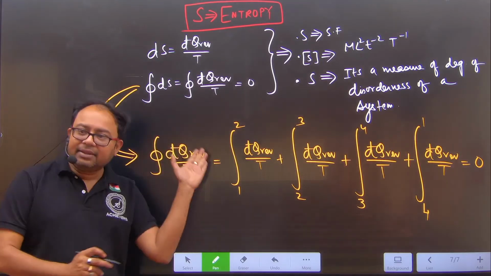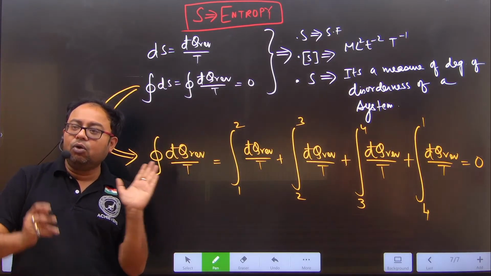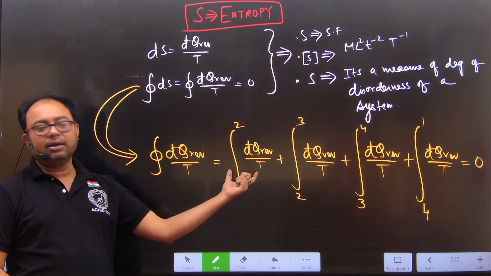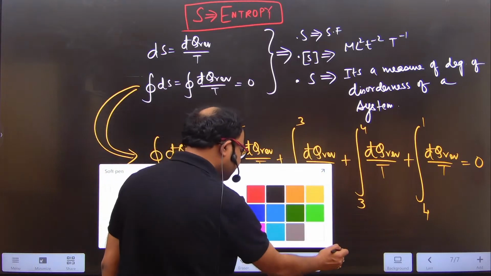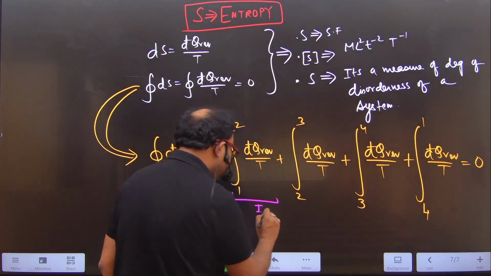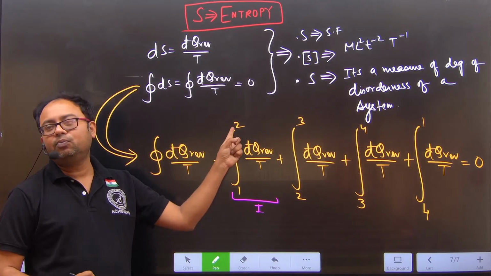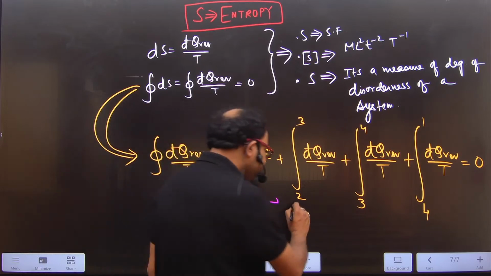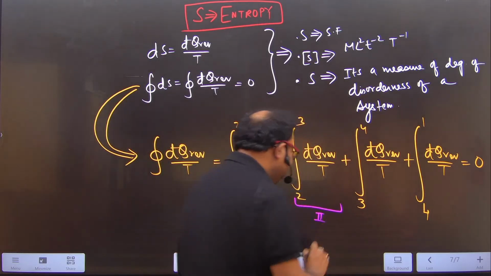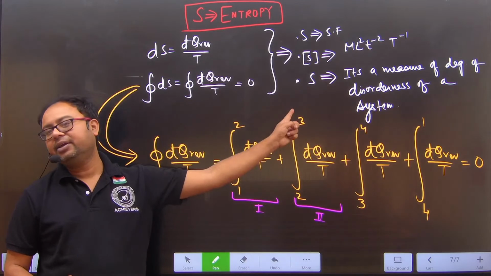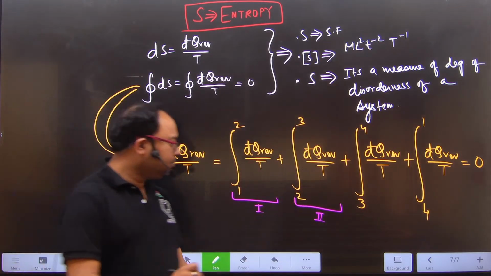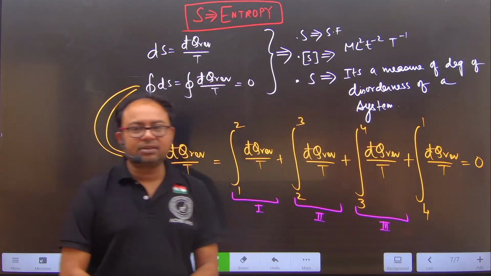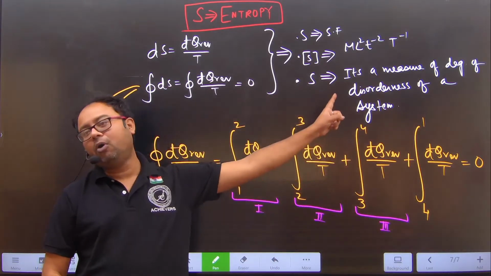We have broken the cyclic integral into 4 terms. The first term comprises step 1, which connects states 1 and 2. The second term comprises step 2, which connects the states 2 and 3. The third term comprises step 3, which connects the states 3 and 4.